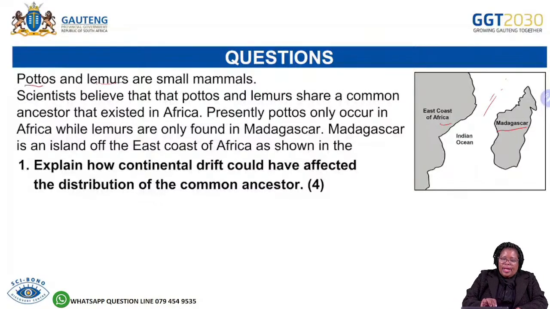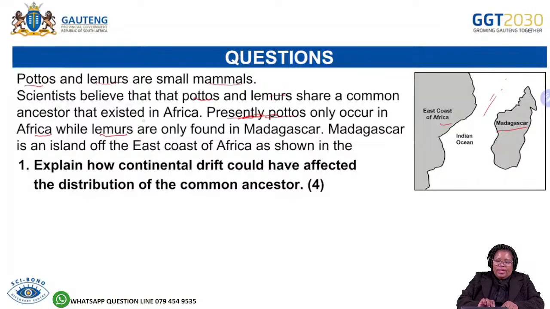Portals and lemurs are small mammals, right? Scientists believe that portals and lemurs share a common ancestor that existed where? In Africa. Presently, portals only occur in Africa, while lemurs are only found where? In Madagascar. All right, read with understanding.